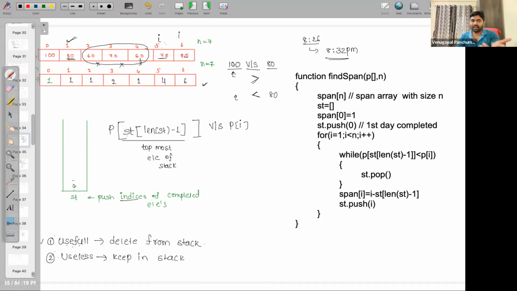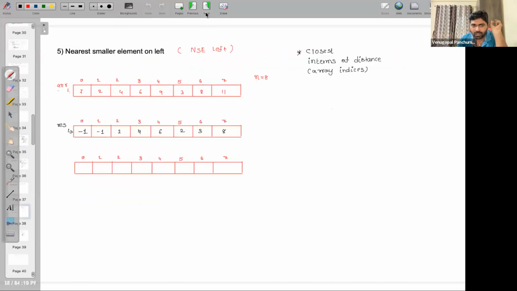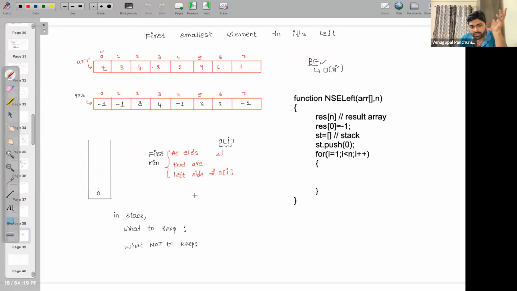Basically, we are deleting any value that is greater, which I don't want, so that next time those comparisons will not happen. That is the story in the stock span problem. Whereas in this question, what is useful data, what to keep?